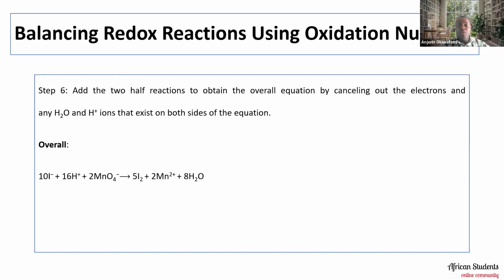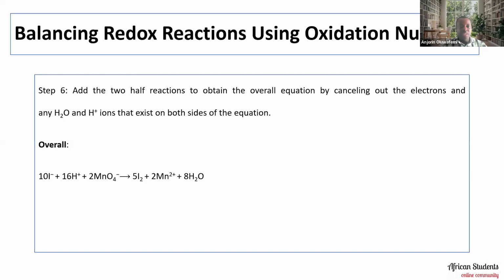I'm sorry, pardon me, 16 hydrogen on the left-hand side and 16 hydrogen on the right-hand side. We have 2 manganese on the left-hand side, 2 manganese on the right-hand side, and then we have 8 oxygens on the left-hand side and 8 oxygens on the right-hand side. Also, in terms of charges, you can see that they are also balanced. How do I know that?